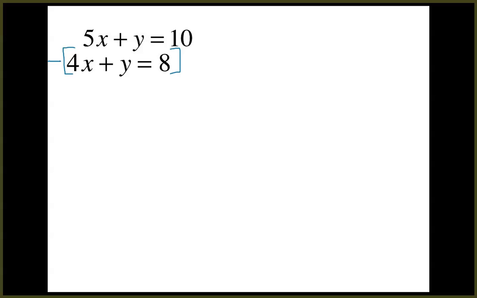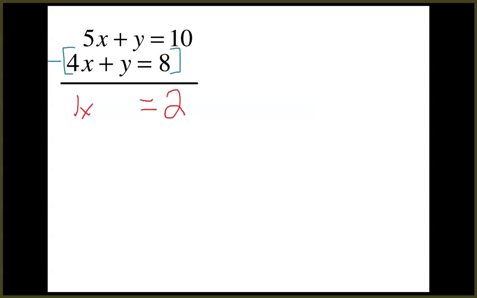Now what we'll get when we line this up is 5x minus 4x gives us 1x. And y minus y gives us nothing. There's our elimination that we were looking for. And then 10 minus 8 gives us 2.